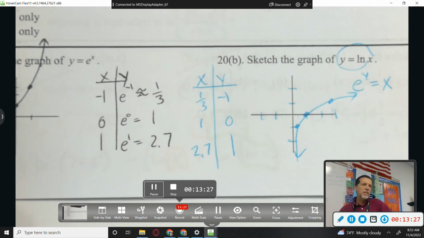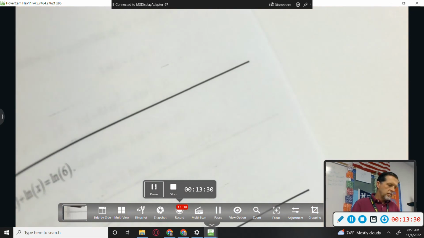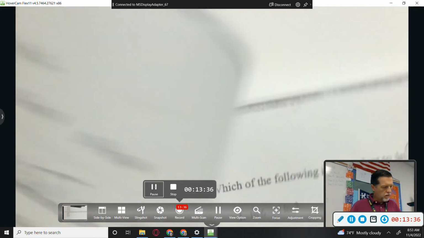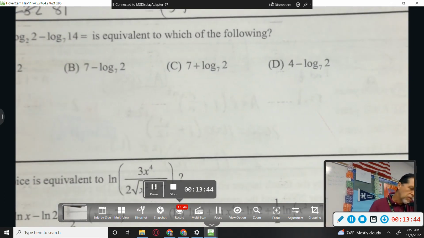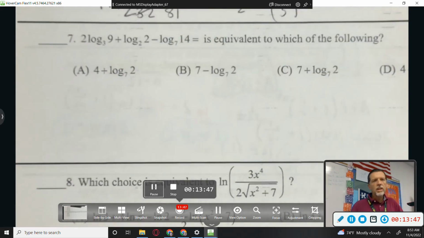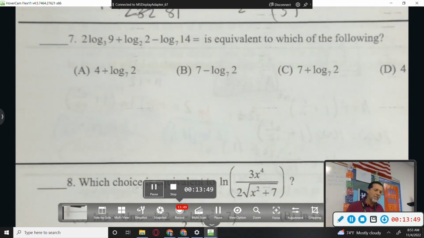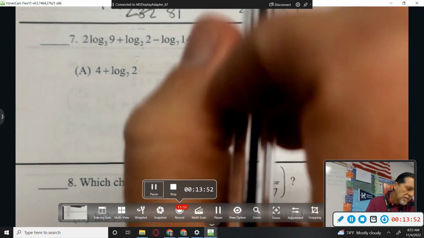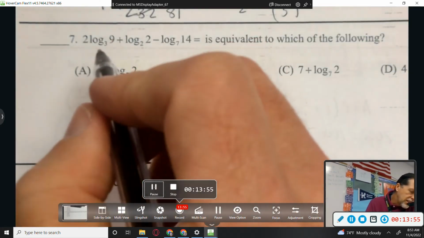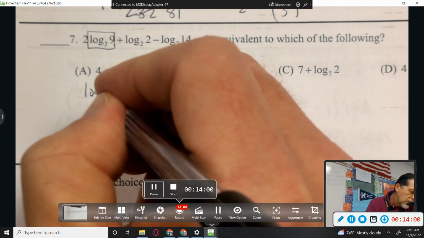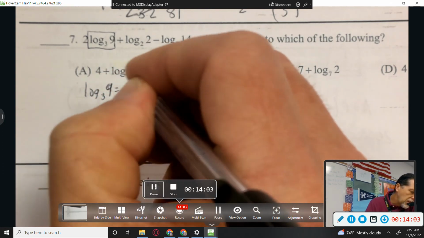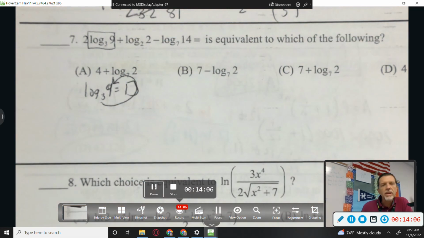Number 7, Samantha? 7 on the review. More condensing. 2 log base 3 of 9 plus log base 2 of 2 minus log base 7 of 14. Ooh, wait, that's not really condensing because those are different bases. So let's see. Log base 3 of 9. Remember, that means 3 to something equals 9. So that's 2.